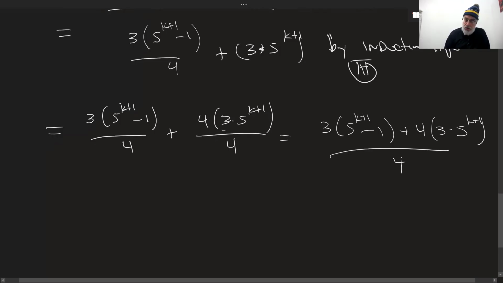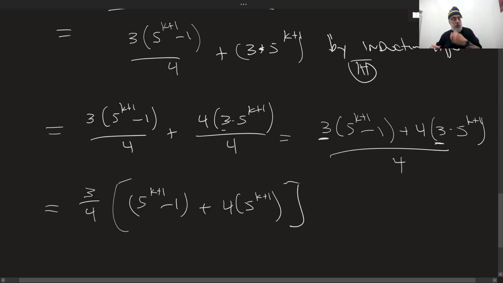All right, so now we start collecting stuff, if we can, factoring out based upon maybe some stuff that we need. You see both terms have a 3 in it. So let's bring that 3 out, and then we can bring this denominator out. And then we are left with 5^(k+1) minus 1 plus 4 times 5^(k+1).